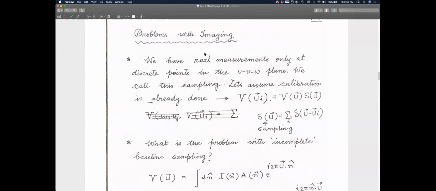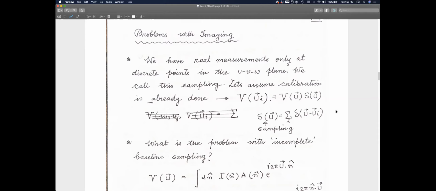The minimum separation that you can think about is capital D by lambda, which we call delta U. This entire three-dimensional grid is not filled up while you are doing observation. You only have filled up some of these grid points, if your antenna pair has visited that point at any time during your observation. And that is what we call sampling.